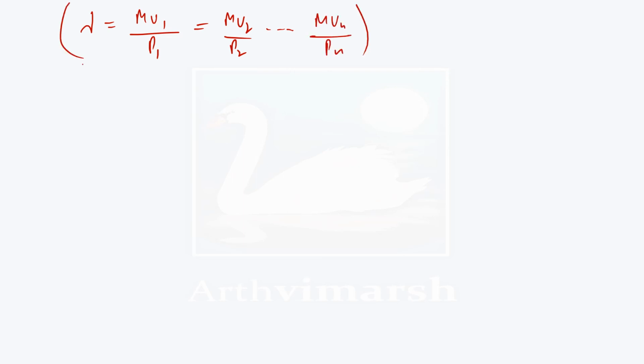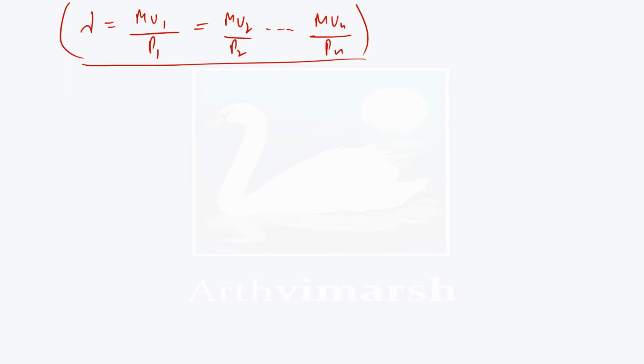Now, given that we have derived our expression of lambda as the ratio of the marginal utility to the prices, so on up to mun upon pn, alternatively we may derive this expression corresponding to each commodity x1 up to xn by the equation which refers to commodity y.